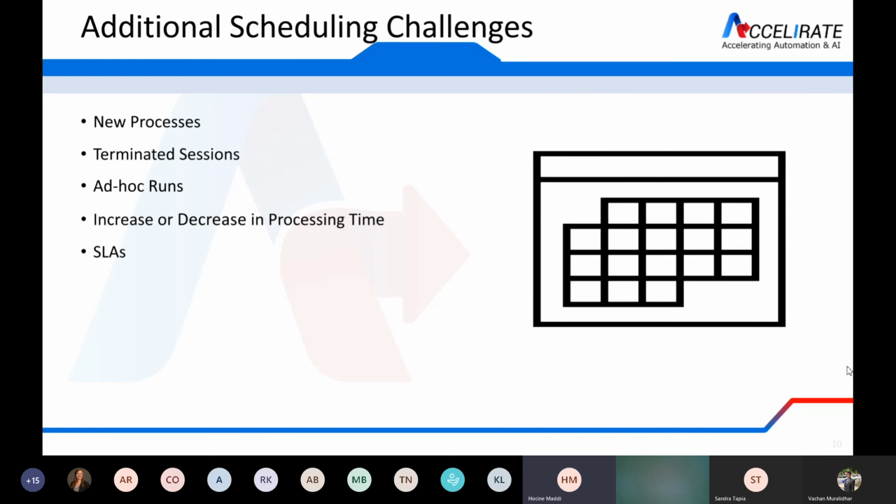And then the last one is the SLAs. Regardless of which of the situations, you want to make sure that you're assigning enough resources and enough time for your processes to complete their work within the SLA window.